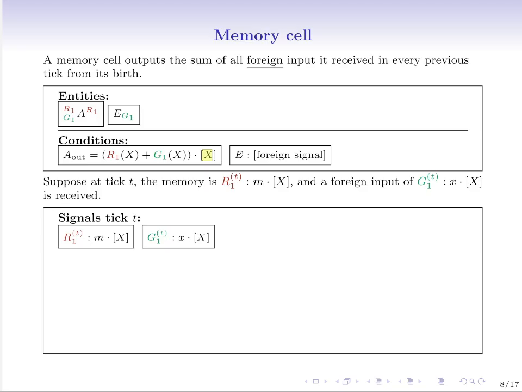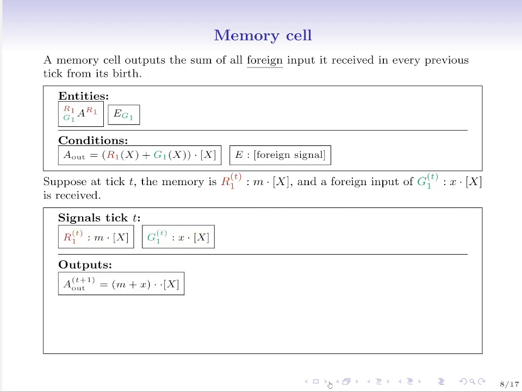So what happens for this memory cell is, suppose at tick T, the memory inside the red channel is N times X. And I want to push in X times X from this green channel. Then what happens is you have these two channels. The output for tick t plus 1 is you replace this R1 by this value and G1 by this value. So it's n plus x times x.